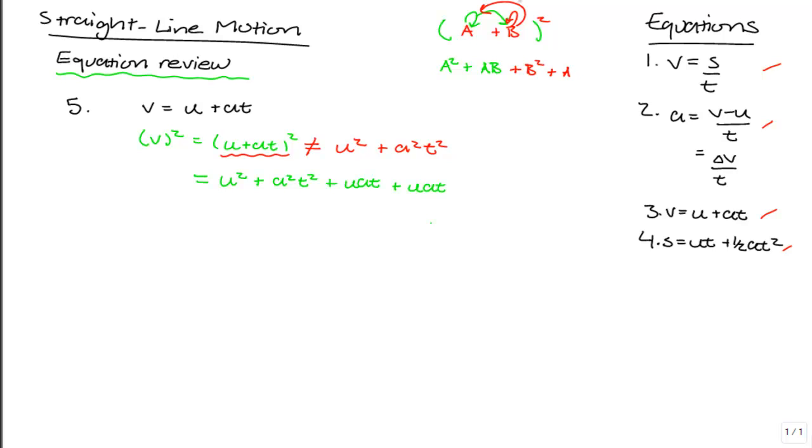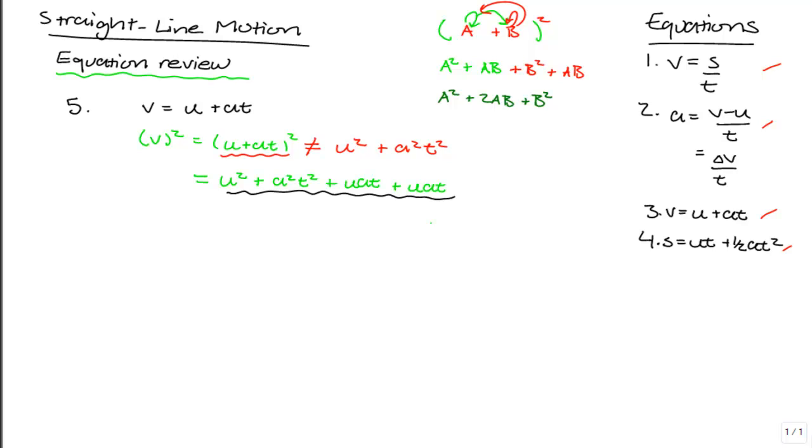So what you get in the end is a squared plus 2ab plus b squared. Alright? That's just for those who are not sure how we got this result down here. Right? In this case, u is equal to a, ab is uat, and b squared is a squared t squared. Right?